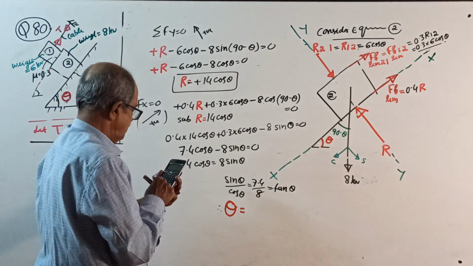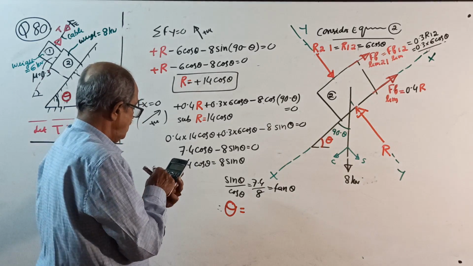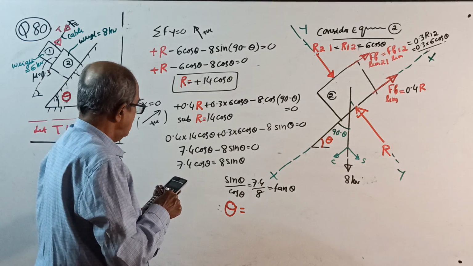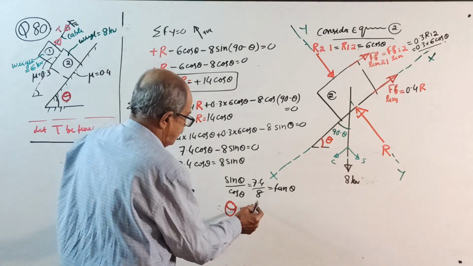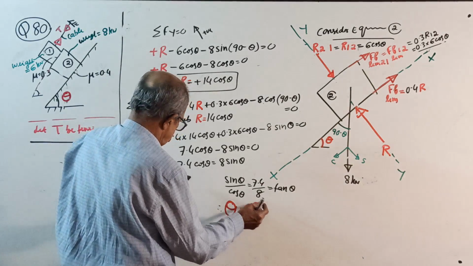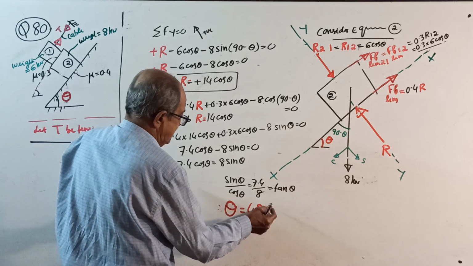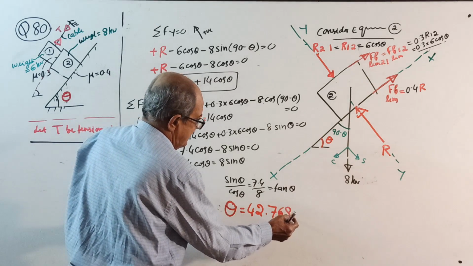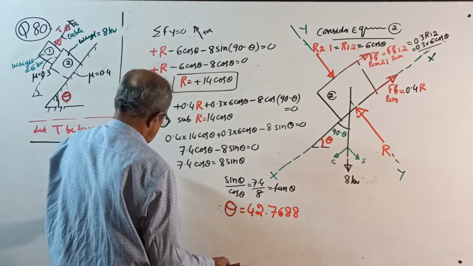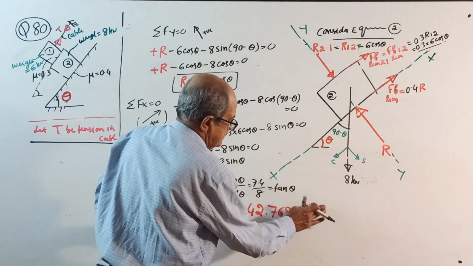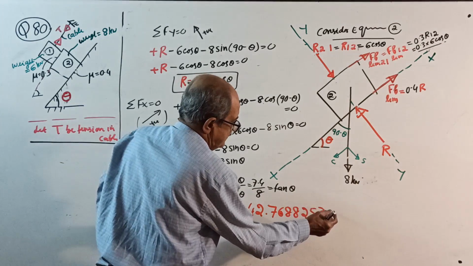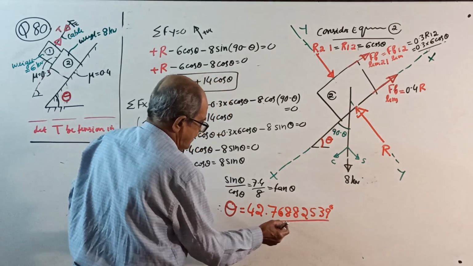Theta will come from 7.4 divided by 8, shift tan inverse, answer 42.7688 degrees. This is the answer. Okay.